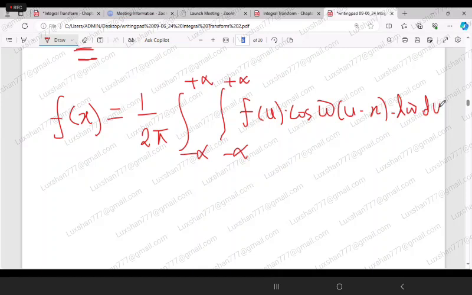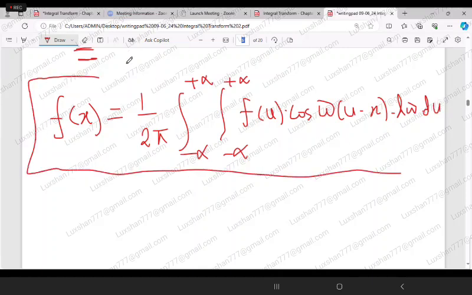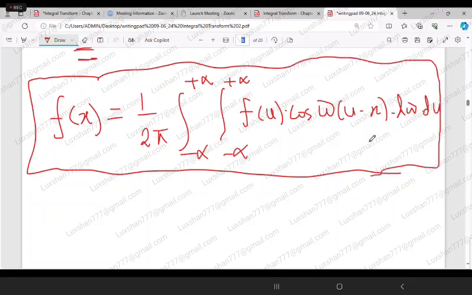This is nothing but another form of the Fourier integral representation of the function.